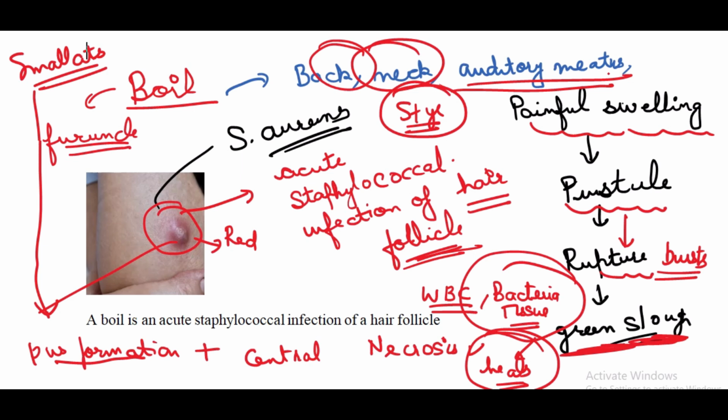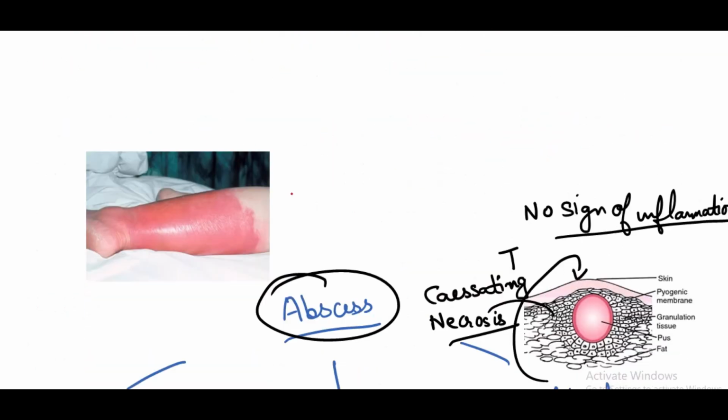Why is a boil in the external auditory meatus very painful? Because here the skin is tightly attached to the underlying cartilage, causing tension that leads to severe pain.